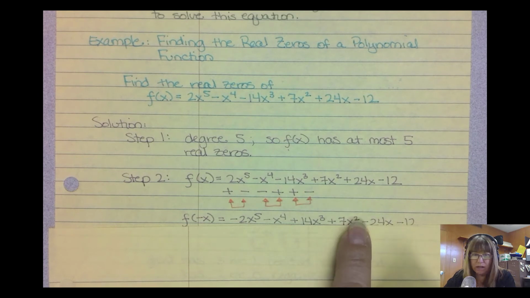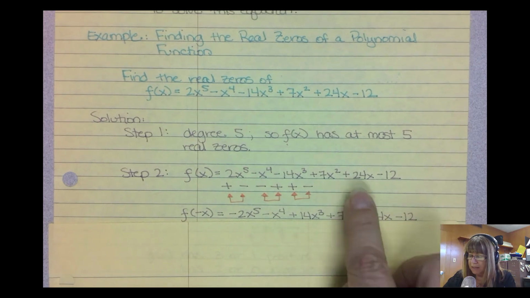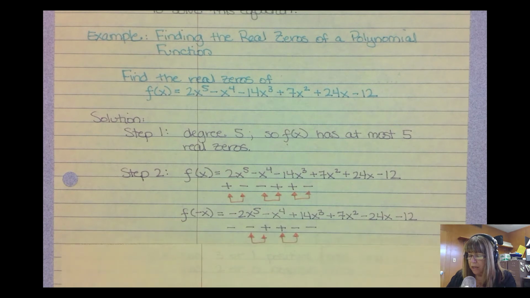Negative x squared is positive, so positive times positive is a positive. Negative x times the positive is a negative, and then the 12 has no x, so it stays the same. So looking at this variation, we have negative, negative, positive, positive, negative, negative. We have 2 variations where we went from negative to positive and positive to negative.